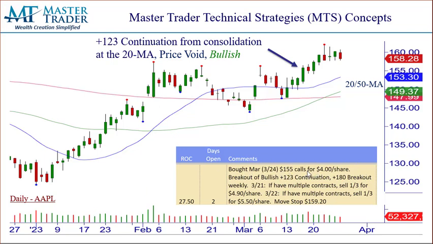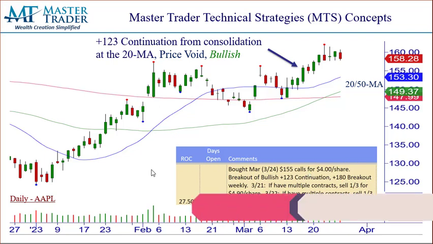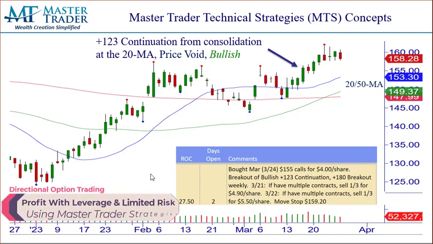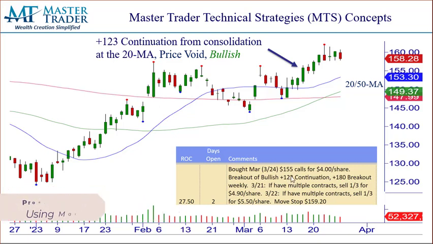We bought call options on this. Why do we buy call options instead of the stock? For 2 main reasons. One is it's leverage. We only paid $4 for this particular 155 call option, which gives us the right to buy Apple at $155 on or before expiration. And we have limited risk. In the event of a catastrophic gap against us, our maximum loss is $4 a share.